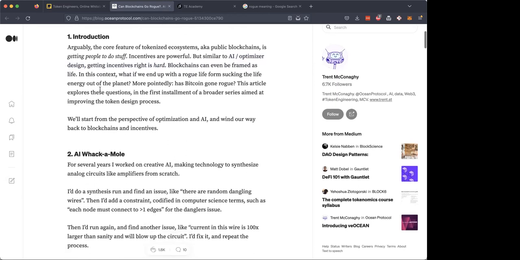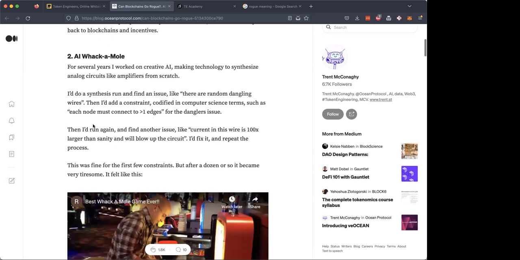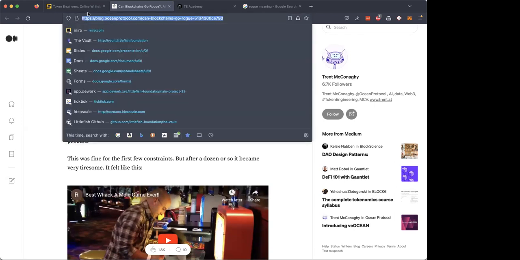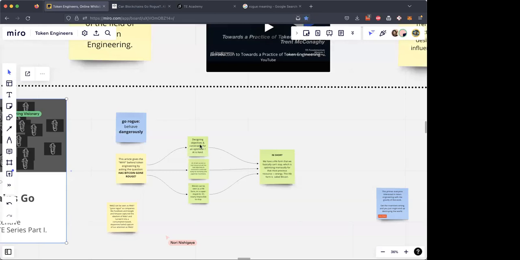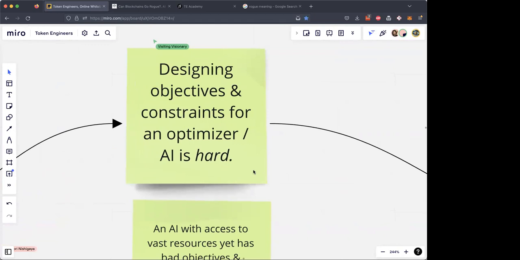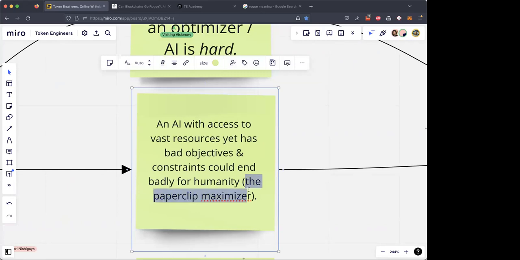The article makes this parallel between AI optimizers and blockchains in that they're solving an optimization problem. The core idea there was that designing objectives and constraints for an optimizer AI is hard. An AI with access to vast resources, yet with bad objectives and constraints, could end badly for humanity. There it has the example of the paperclip maximizer.